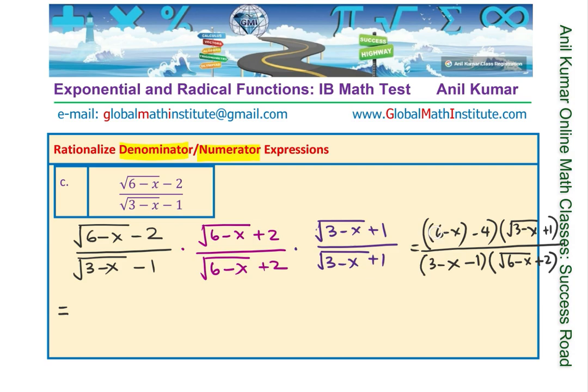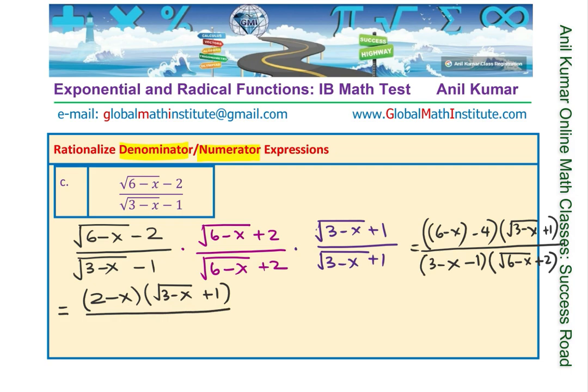Well, 6 minus x minus 4, let us expand this. 6 minus 4 is basically 2, right? So what we get here is a term which is 2 minus x, right? And within the radical sign, we have square root 3 minus x plus 1, right?